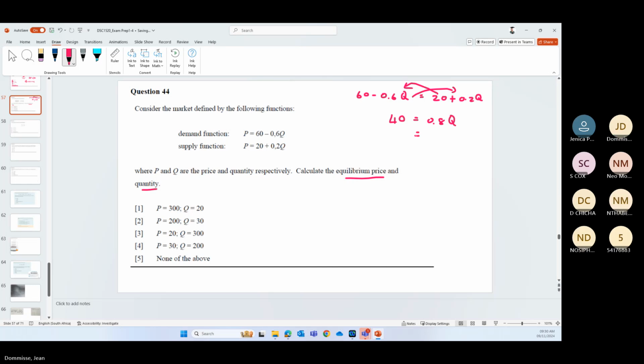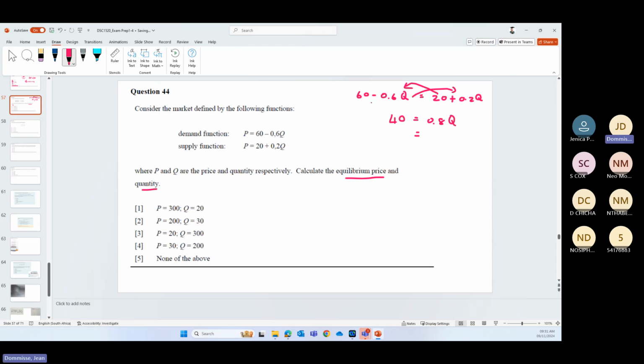So if I then say 40 divided by 0.8, now I must see if I've actually done this correctly, because I get a different answer. Don't tell me now it's none of the above.